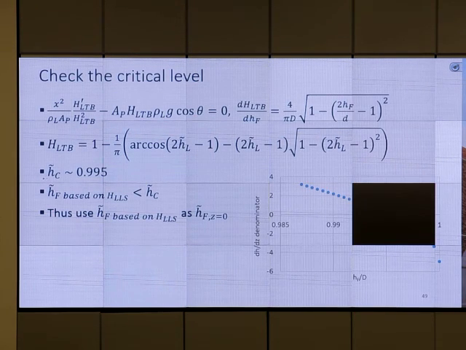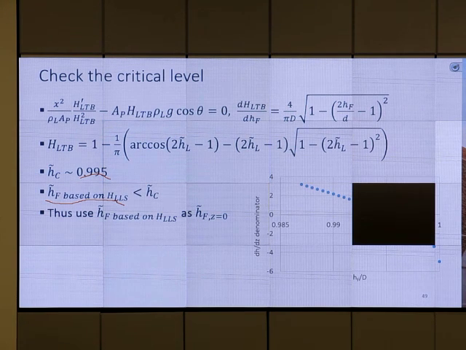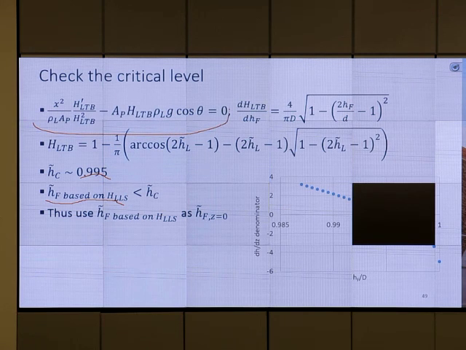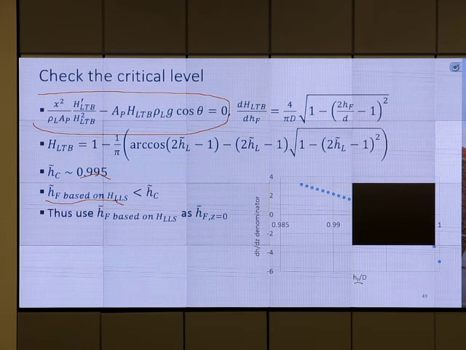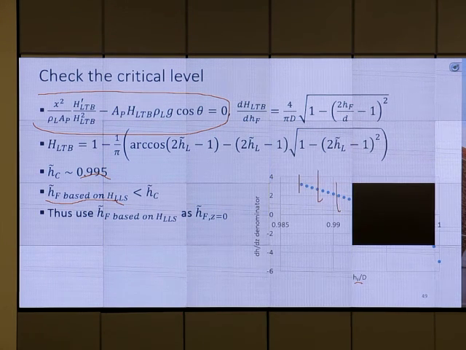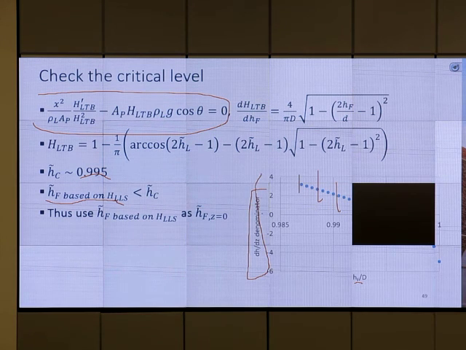I get HC tilde 0.995. HF based on HLLS is less. So we select whichever is less. Okay, this is to show you how I solve this equation numerically. You can use Excel. What I did is I changed HF slightly and found the location that makes my denominator go to 0.